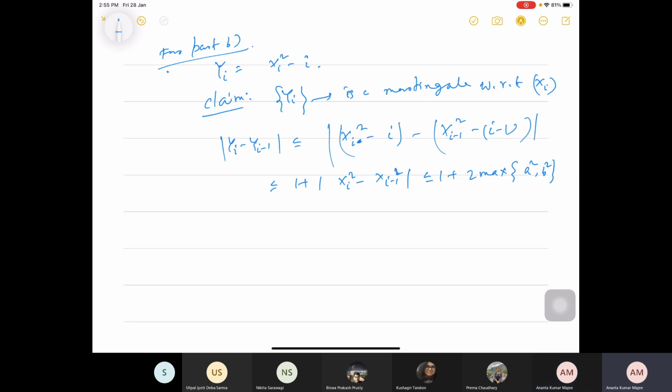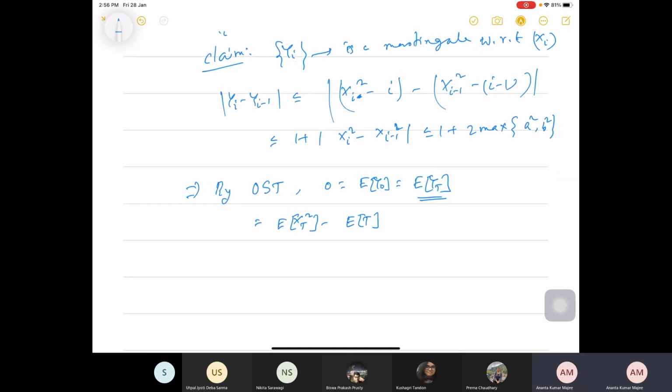And hence by the optional sampling theorem, what I have is 0 equals expectation of Y_0, which is equal to expectation of Y_T. And now the expectation of Y_T is nothing but the expectation of X_T squared minus the expectation of T, is it not?